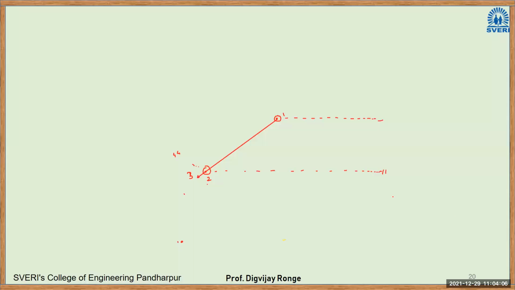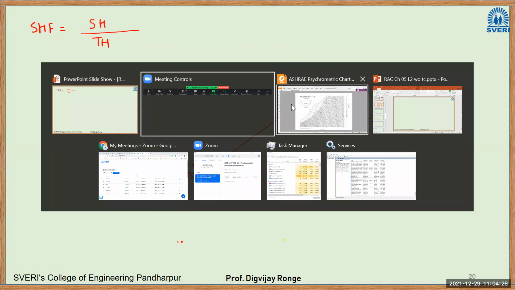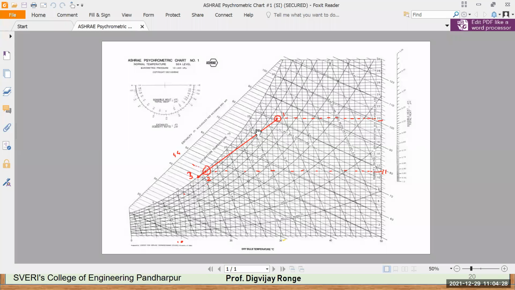Now, the last point here is the calculation of sensible heat factor. How to calculate sensible heat factor? Sensible heat divided by total heat. Now let us calculate sensible heat from the chart itself. I will draw that triangle.